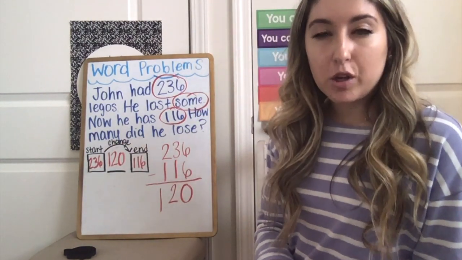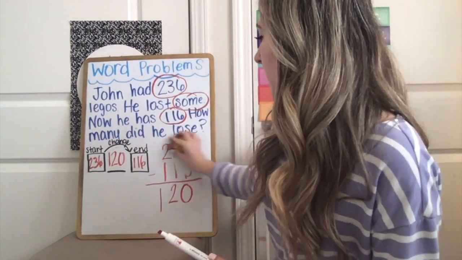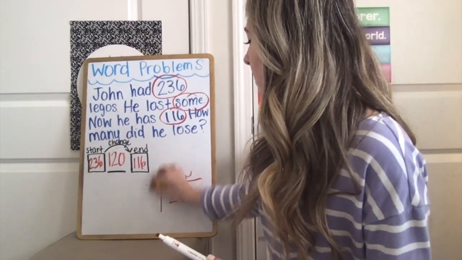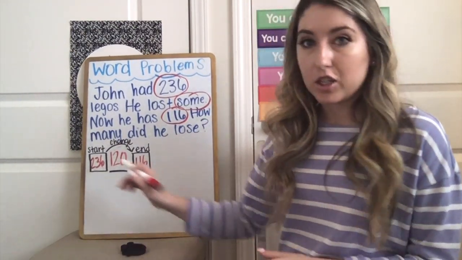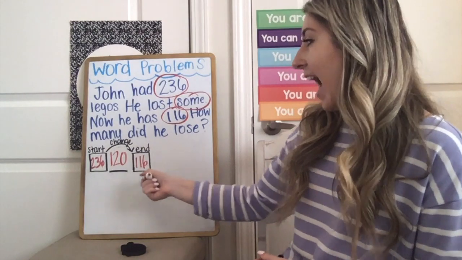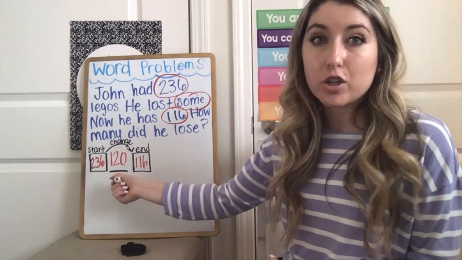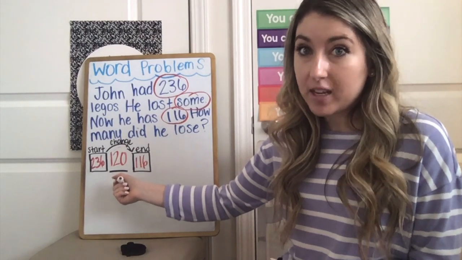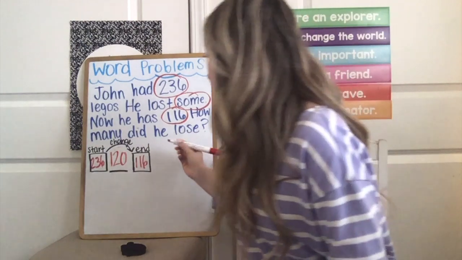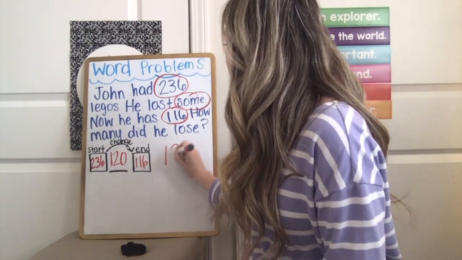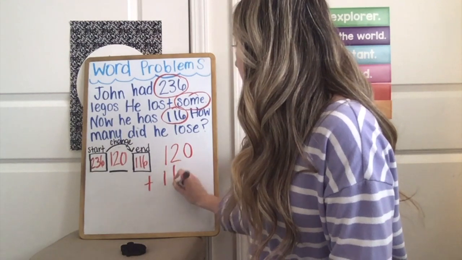So now I'm going to show you how I can check to see if my answer is correct. To check to see if my answer, the change, is correct, I can add 116 plus 120. I should get what I started with, which is 236. So let's see. 120 plus 116.